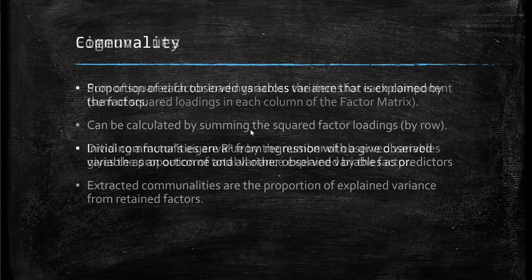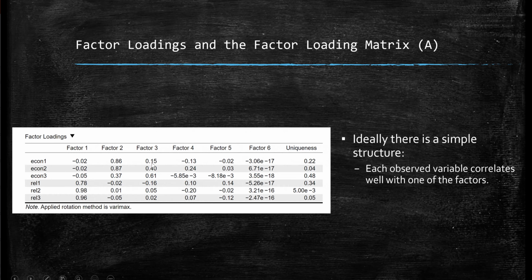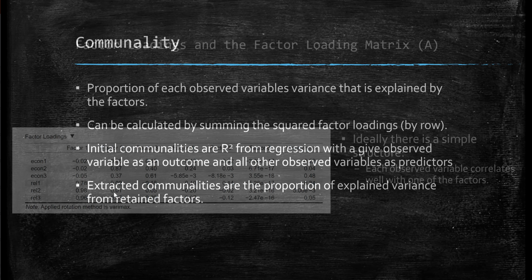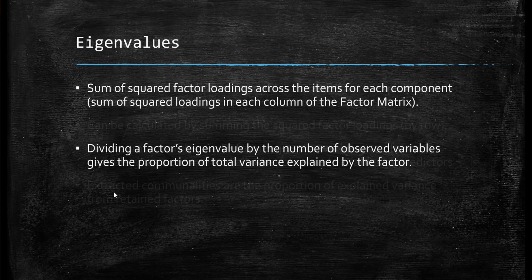So going back to the factor loadings, if you squared each of these and then summed them up, that would give you the eigenvalue for factor 1, and then you could do the same for factor 2, and so on and so forth to get the eigenvalues.